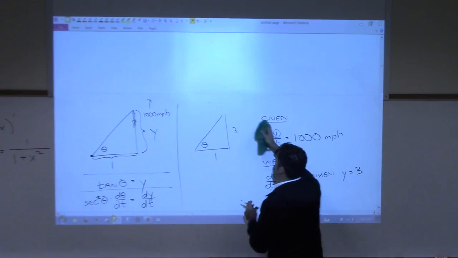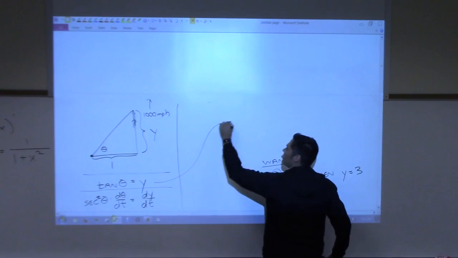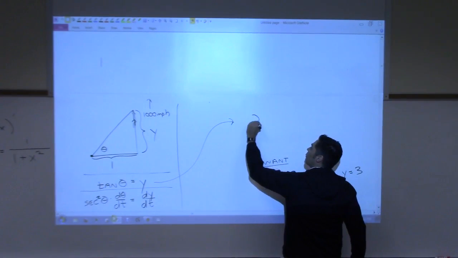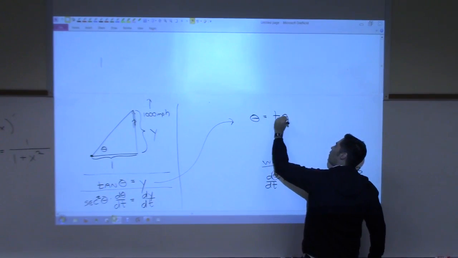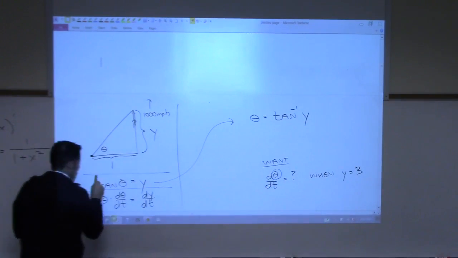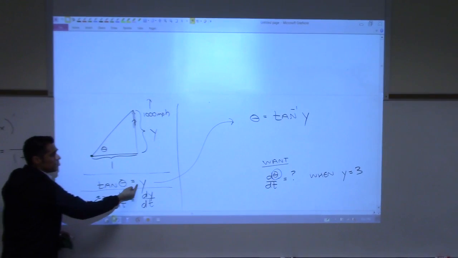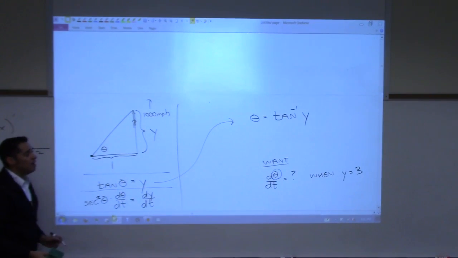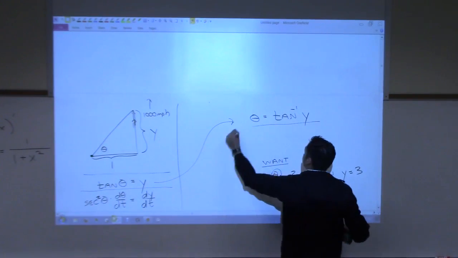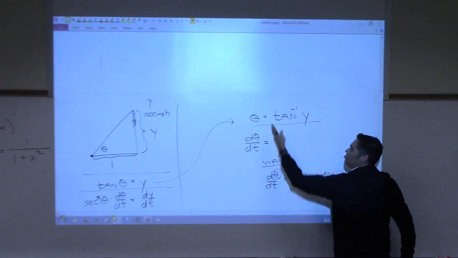But watch how much easier this is, I promise, I'm done in 1 minute. Watch how much easier it is if I take this equation and, instead of differentiating that, I take tangent inverse on both sides. Tangent inverse of tangent of theta would just give me theta. Tangent inverse of y gives me tangent inverse of y. Now differentiate with respect to time. What would you get? d theta dt is the derivative here.